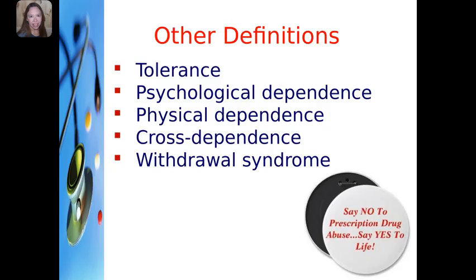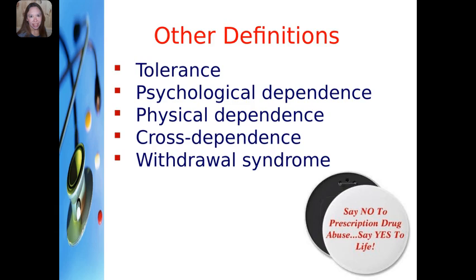Psychological dependence is when they mentally need to have that medication. And then physical is if they don't have that medication, then they go through side effects of not having that medication in their system. So then they end up going through withdrawal syndrome.